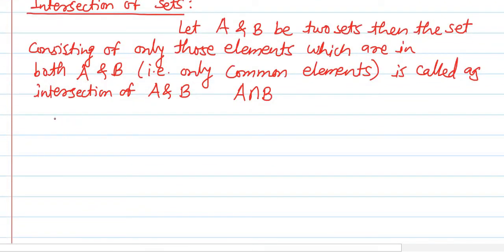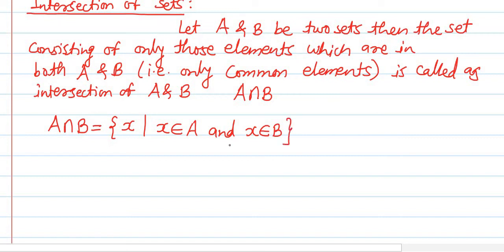The same A intersection B can also be written in symbols as the set of all elements X such that X belongs to A and X belongs to B. Here we are using the word AND, so AND means both the conditions should be satisfied. If X is in both the sets A and B, then only it will be a member of A intersection B. From the definition, it is clear that A intersection phi is equal to phi.